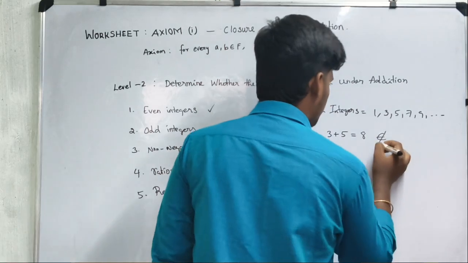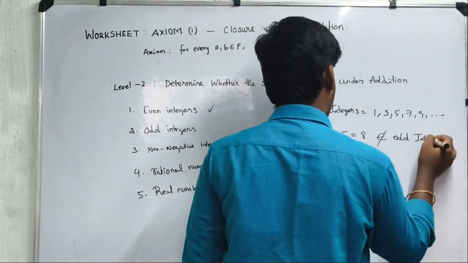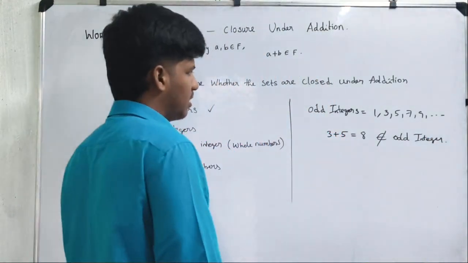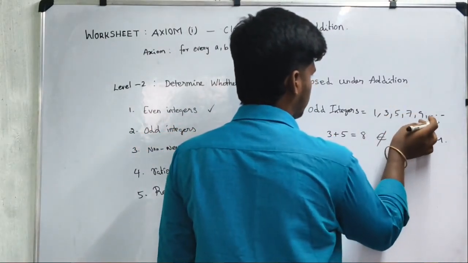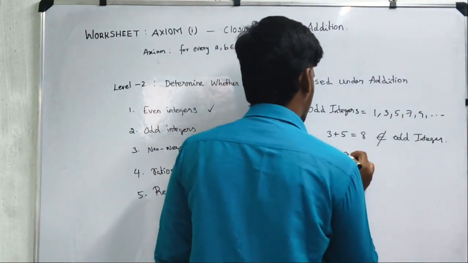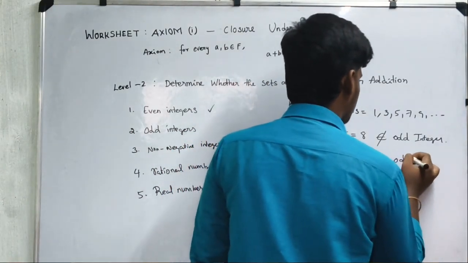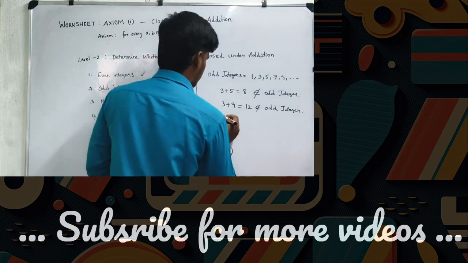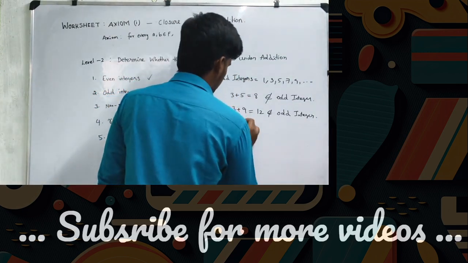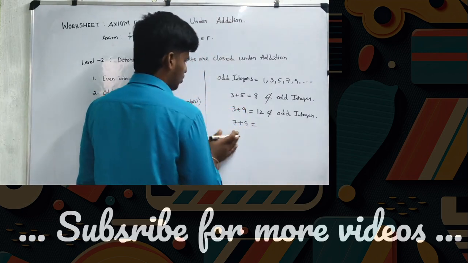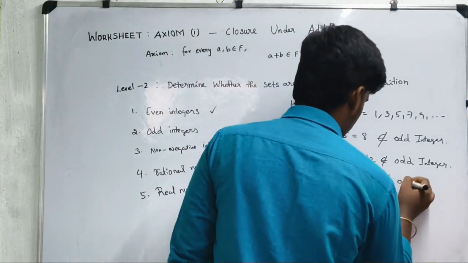This does not belong to the odd integers, right? Now I take 3 plus 9, which equals 12, which also does not belong to the odd integers. I take another two numbers, 7 plus 9, which equals 16, which is also not in the odd integers.